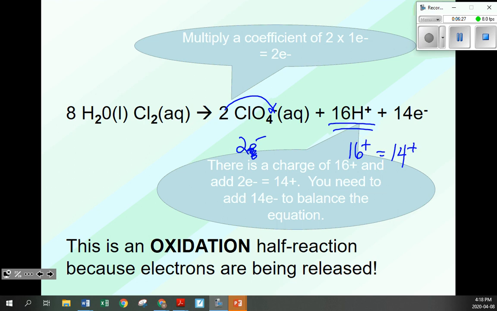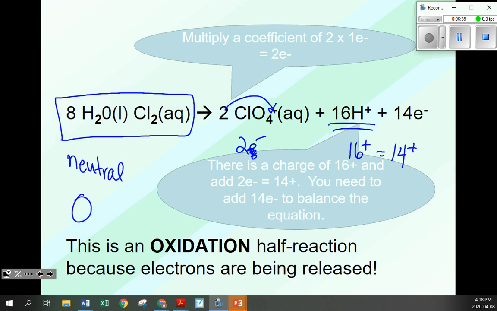Cool. This side is neutral. What does neutral mean? It has a charge of 0. So I have to make my products equal my reactants. In order to make my product 0, I have to add 14 electrons. Now, once I add my 14 electrons, the charge of 0 here matches my charge of 0 here.